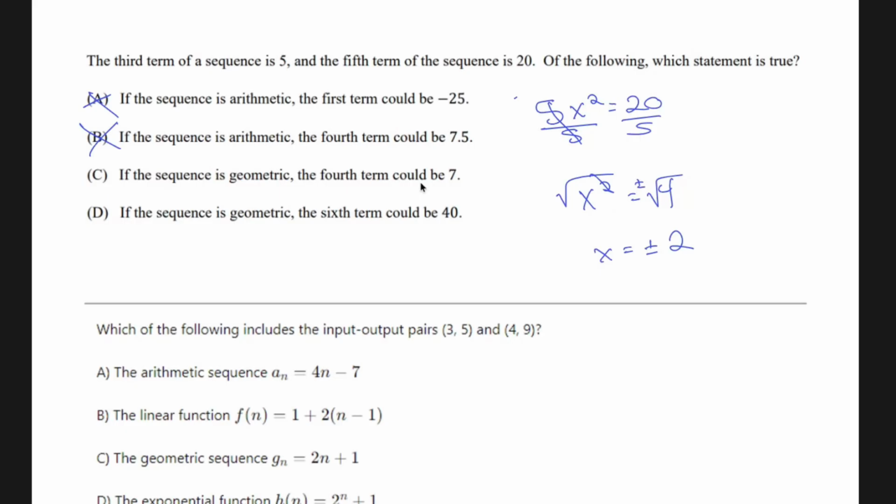So the fourth term could be 7 if it's geometric, would be 4 times either positive or negative 2. So the fourth term would either be 10 or negative 10, not 7. You don't work. The sixth term could be 40. So what? The fifth term was 20, which means if I do 20 times positive 2, I could get 40. D is my only answer here.